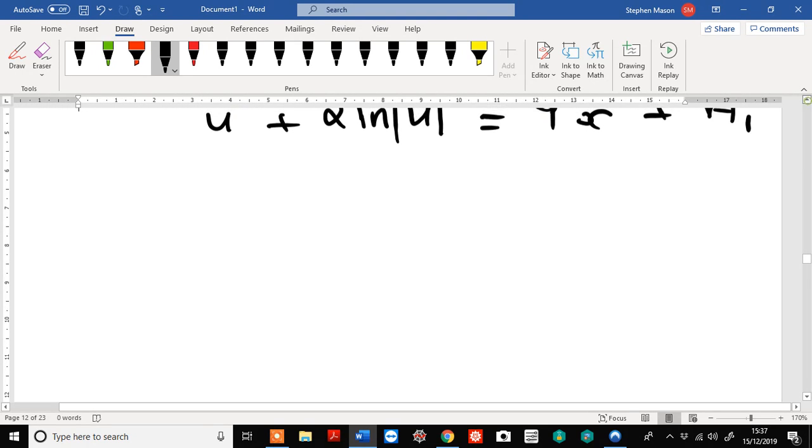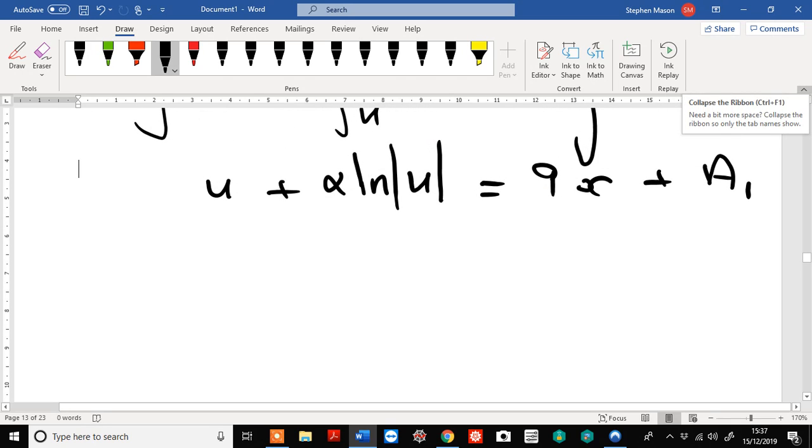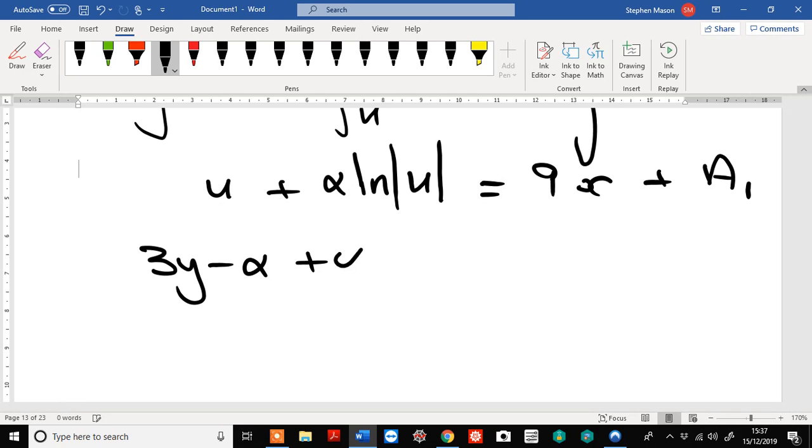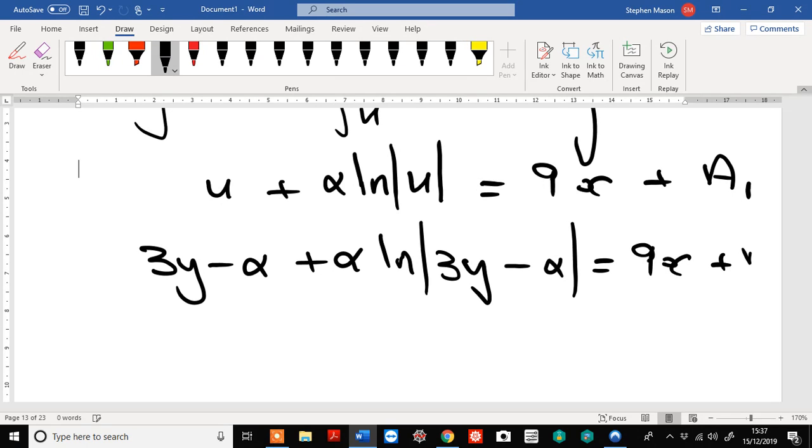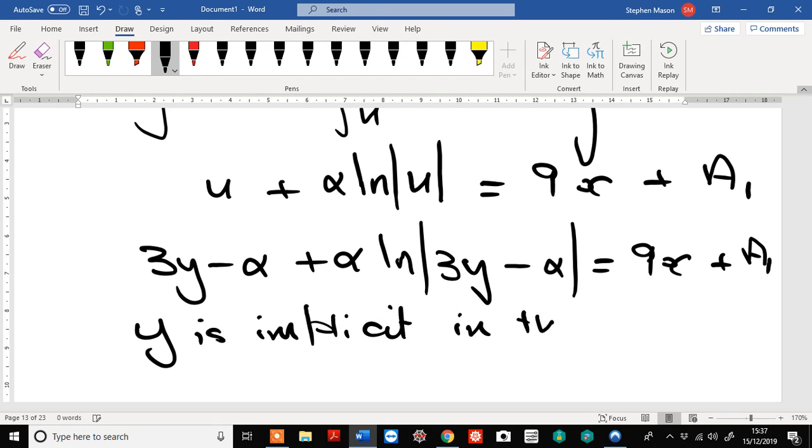So we've got 3y minus alpha plus alpha log 3y minus alpha equals 9x plus a1. Now, unfortunately, y is implicit in this solution because it can't be separated out.